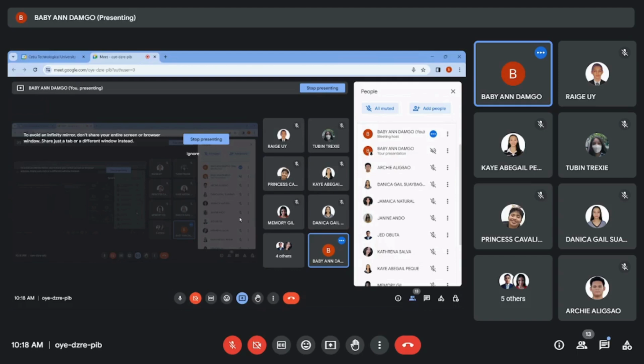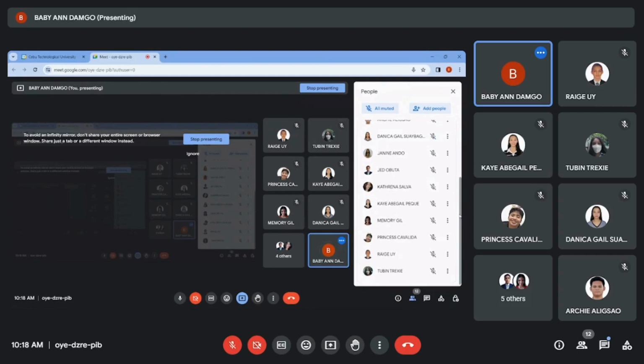Sige, move na lang ta. Okay, kay Abigail. Cardioid, miss. Okay, very good. It's a cardioid.